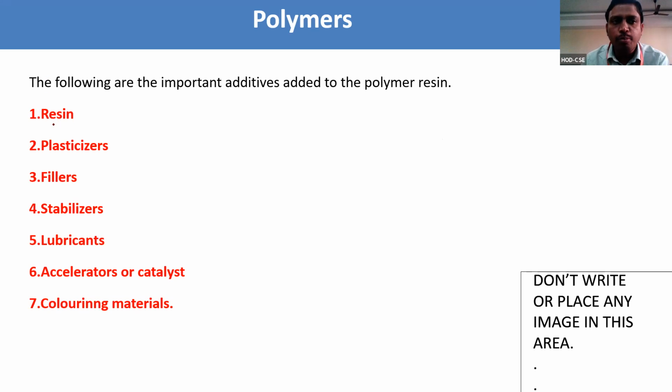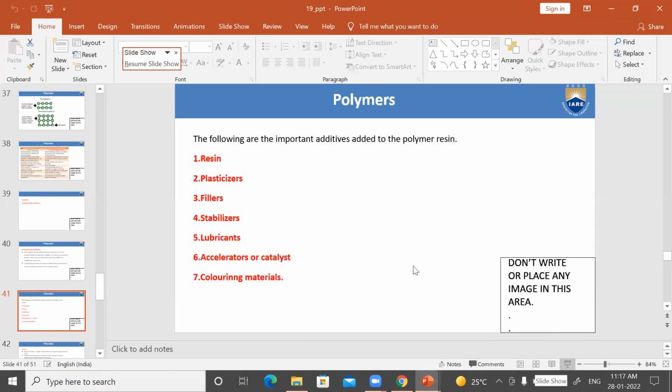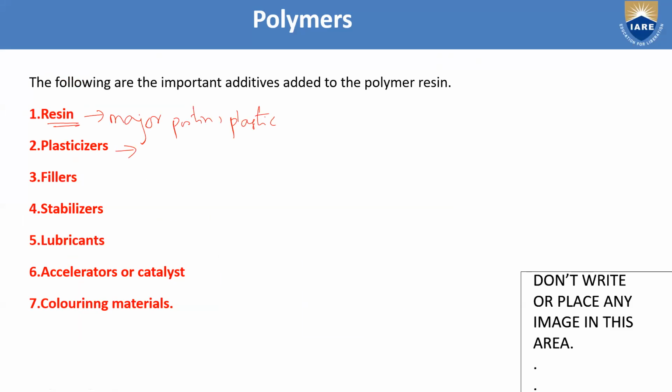First one is resin, the major portion of the plastic. Okay, these are the additives we are adding to the polymer resin.